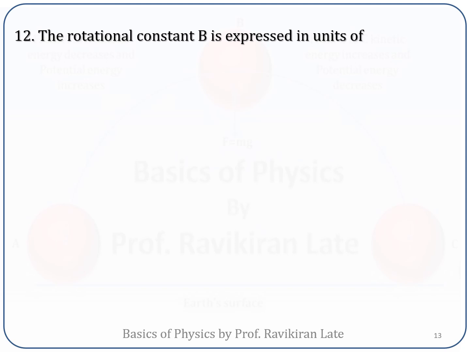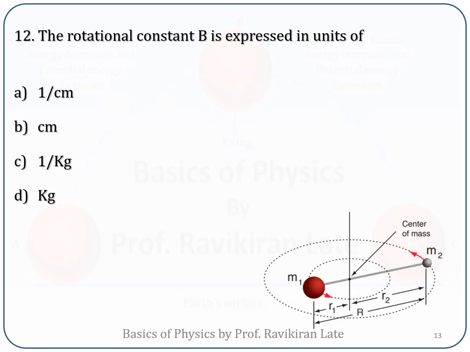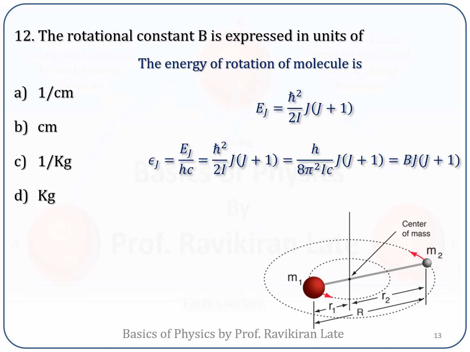Question number 12: the rotational constant B is expressed in units of option A 1 upon centimeter, option B centimeter, option C 1 upon kilogram, option D kilogram. We know that in rotational spectroscopy or microwave spectroscopy, the rotational energy of a molecule is given by E_J equal to h cross square upon 2I into J into J plus 1, which can be further expressed in terms of B, where B is nothing but h upon 8 pi square I c.